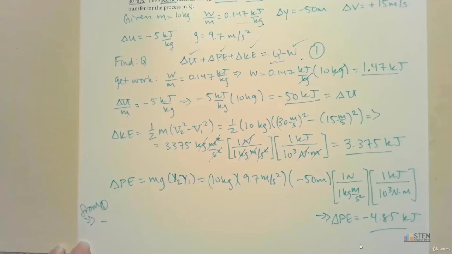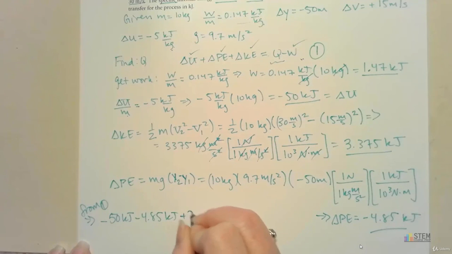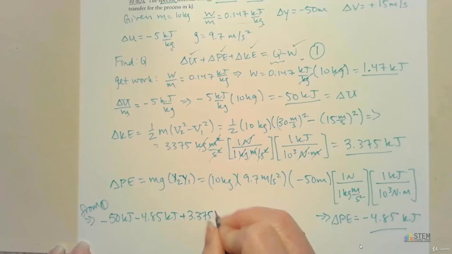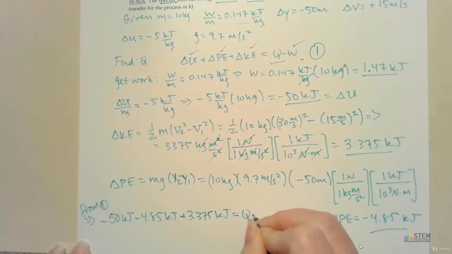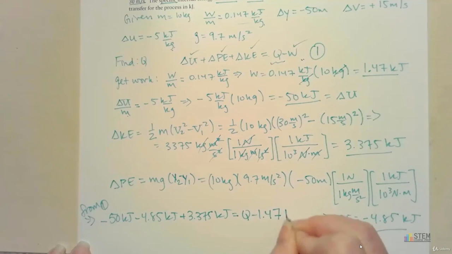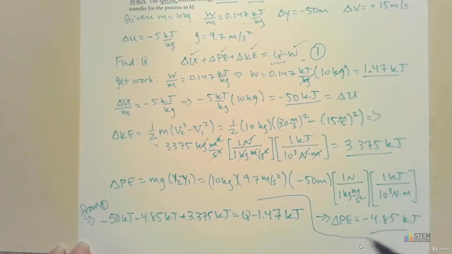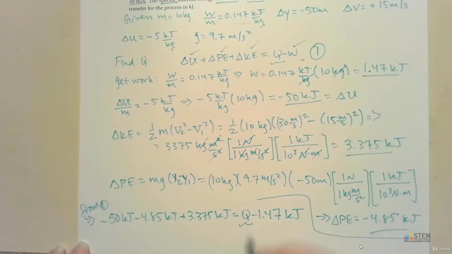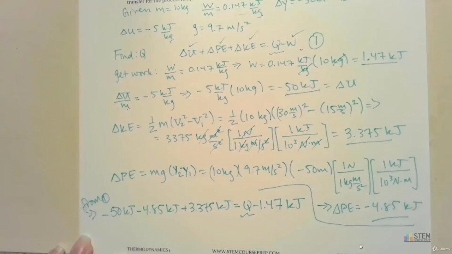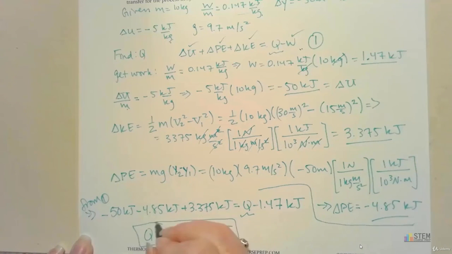From equation 1, we have negative 50 kilojoules minus 4.85 kilojoules plus 3.375 kilojoules equals Q minus 1.47 kilojoules. Now all we have to do is solve for Q. Easiest part of the problem. So Q is going to be negative 50.005 kilojoules, and this is your answer.